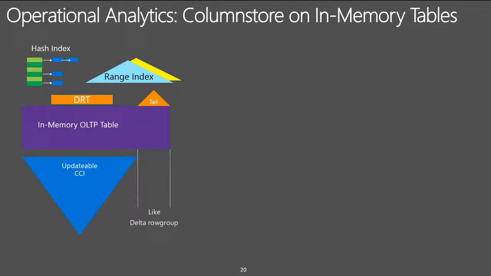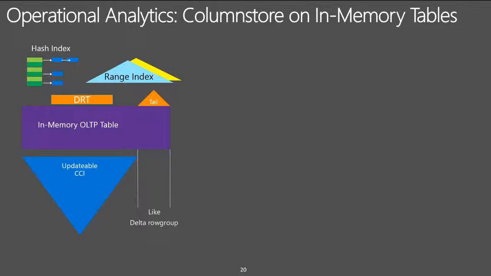What we have is, there are certain number of rows that are sitting in the in-memory table that are not yet migrated to column store, right? We call that the tail. So the tail is the delta store for in-memory OLTP, okay? So these are the rows that are in the row store, not moved to column store, okay?